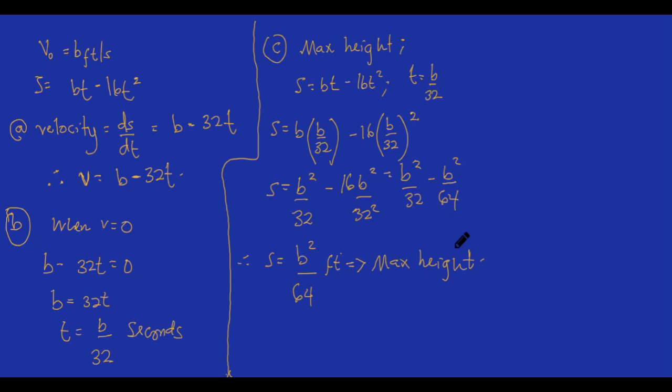If you have a ball and its initial height of bounce was say 128 feet, then by the second bounce, the maximum height it now gets to is half of 128 feet, which is 64 feet.